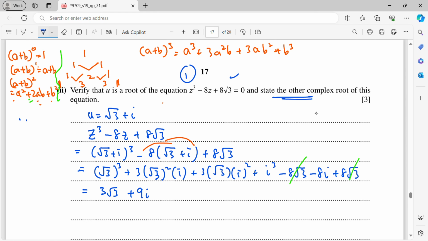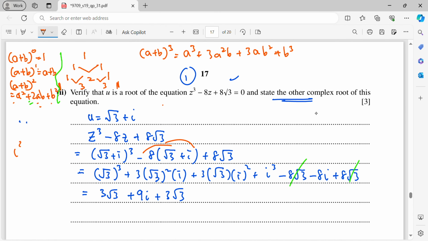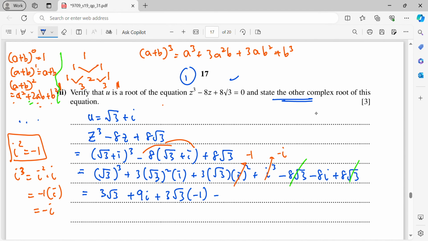Then copy the i, 3 root 3 i squared. Okay, now for your information, i squared is minus 1. So here I will change to minus 1. And then what happened to i cubed? i cubed is going to be i squared times i. That is minus 1 times i. Then I will get minus i. So at last, this is minus 1, and then minus i.